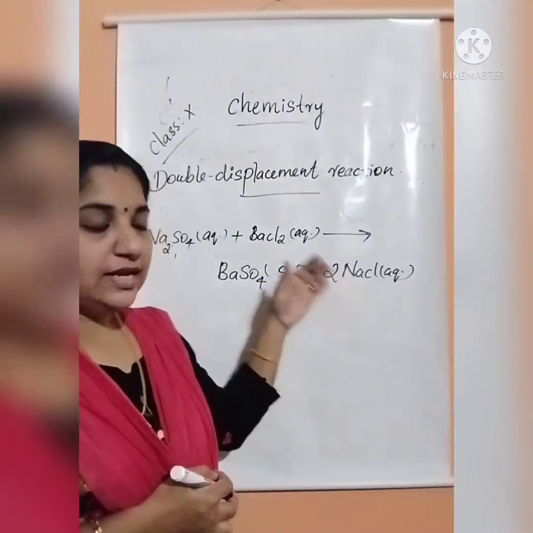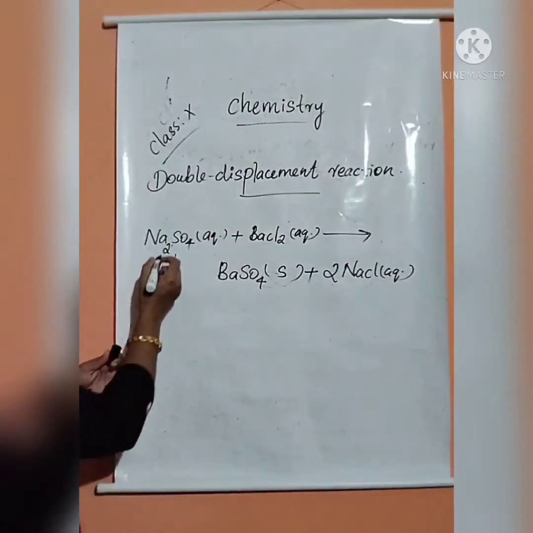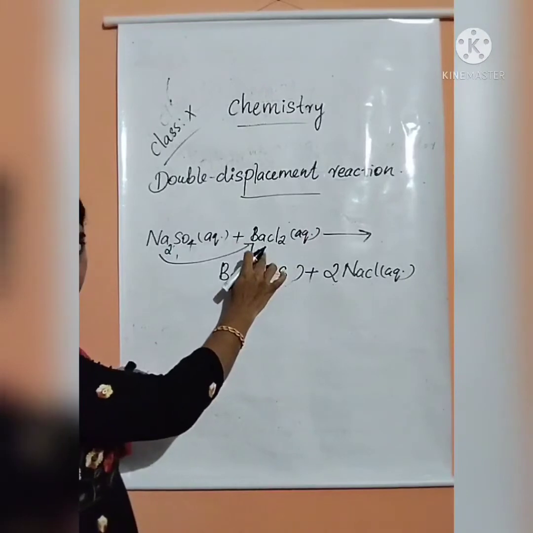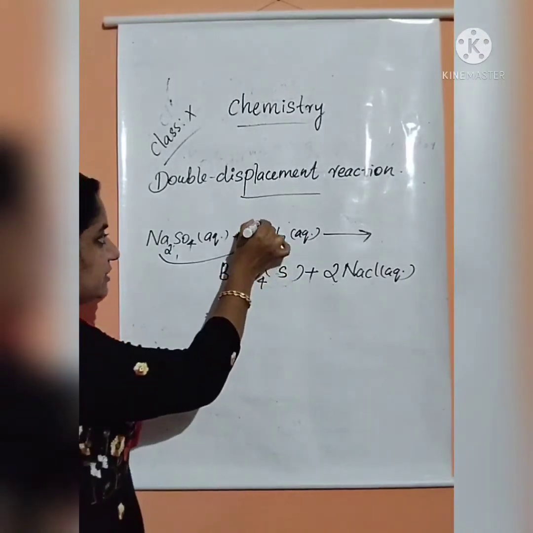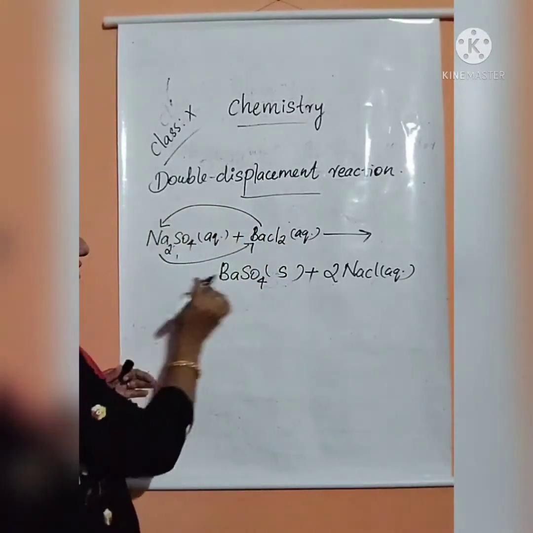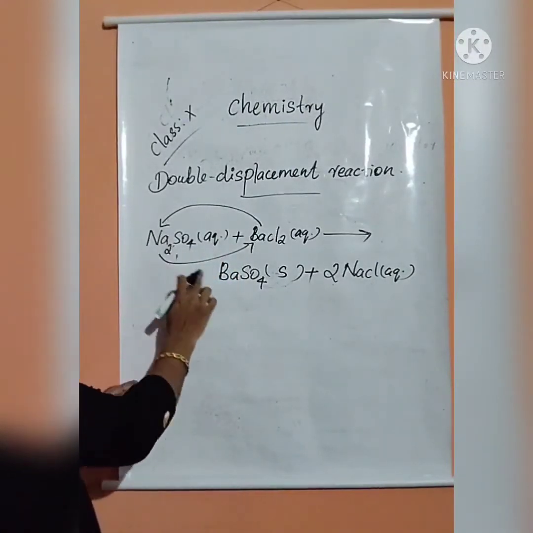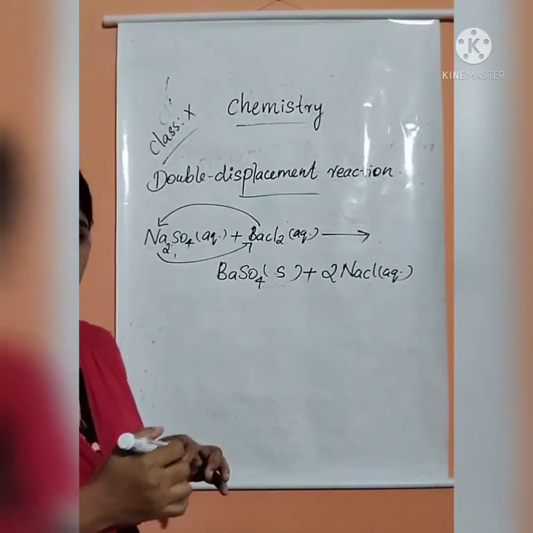These are the products. Here sodium displaces barium from barium chloride and barium displaces sodium from sodium sulfate solution. So here we can see the double displacement.